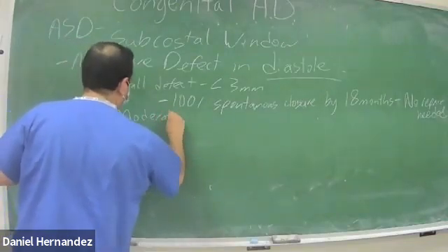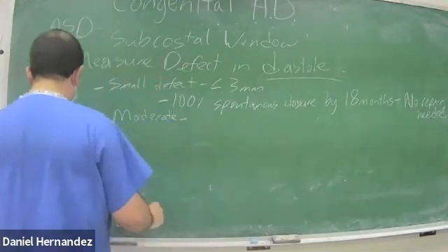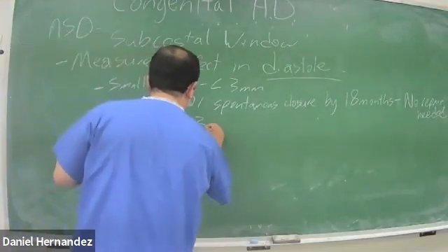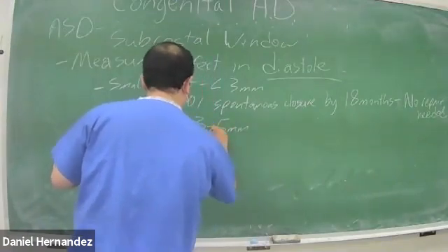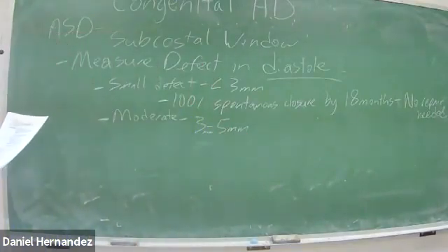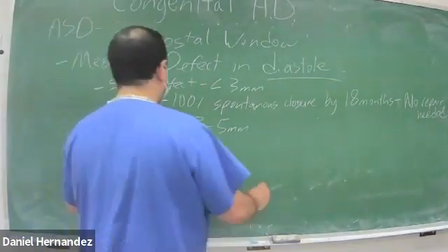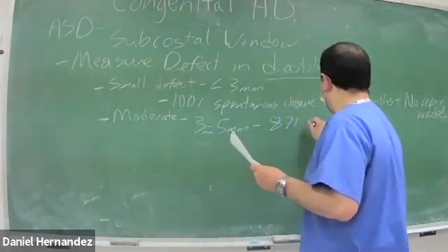Moderate: that's a defect from 3 to 5 millimeters. These have an 87% chance of closure.